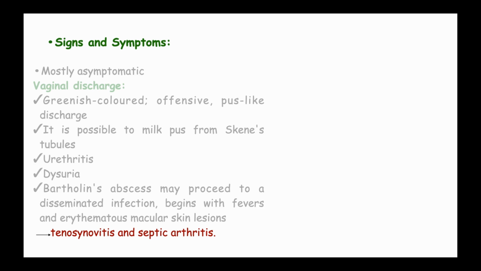And so, to students who are watching this, if you read a question that tells you the patient had some greenish or vaginal discharge, and after some time complained of tenosynovitis as well as septic arthritis, it should take your mind to the fact that this patient may have suffered gonorrhea, and this is a complication of gonorrhea.